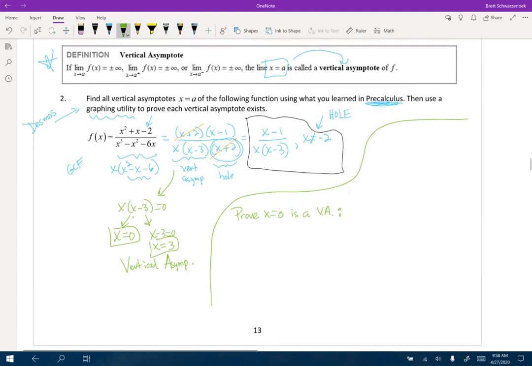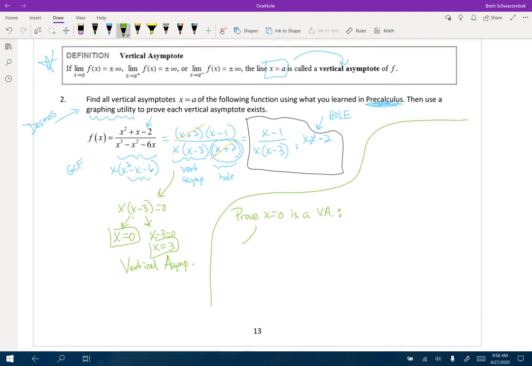So let's just take one of these, a random value. So let's just do 0 from the left. Does it matter? No. But let's just do that. So we have to prove that this function, when it approaches 0 from the left side, becomes an infinite limit. We're also going to have to prove that x equals 3 is a vertical asymptote.